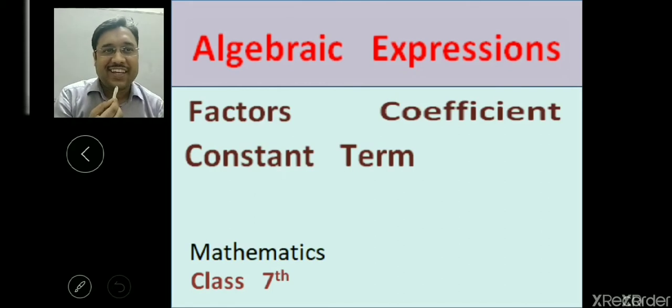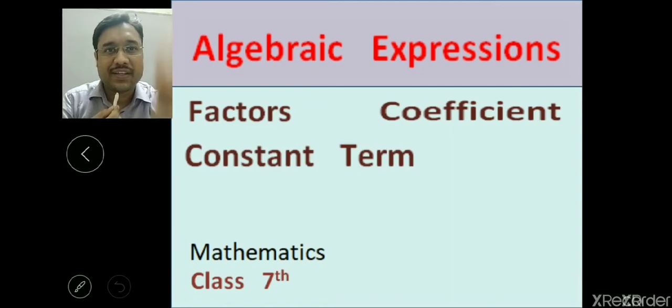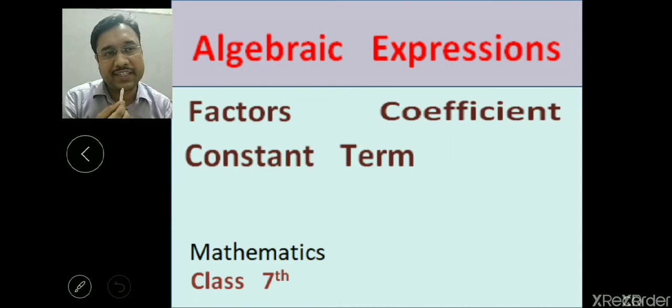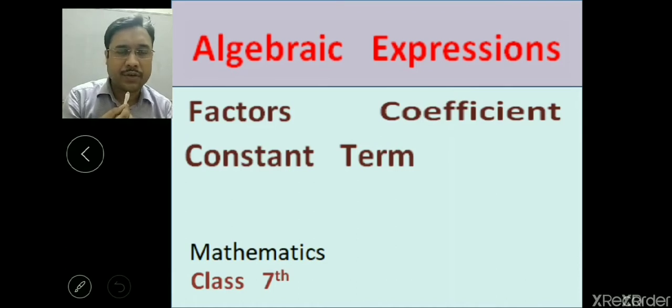And today I'm going to explain this chapter, Algebraic Expressions, where I will discuss these topics: factors, coefficients, and constant term. And we will also see the like and unlike terms of algebraic expressions.